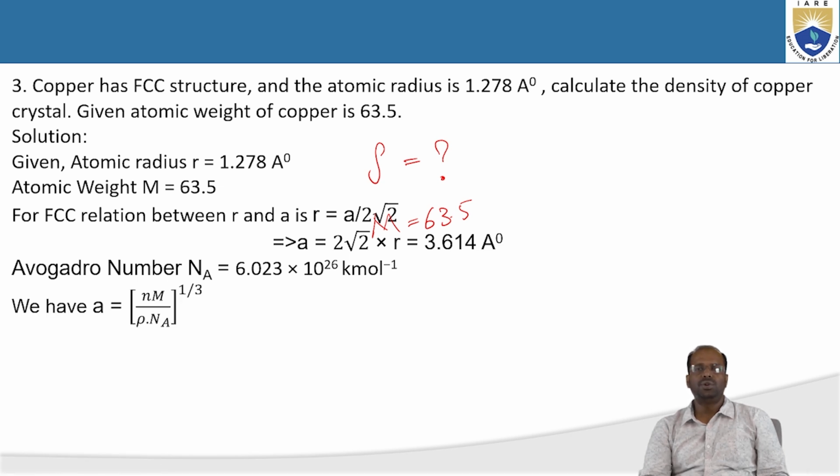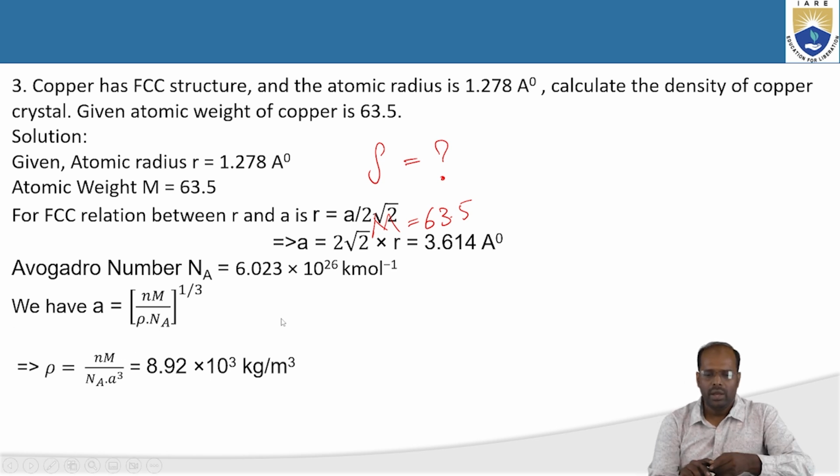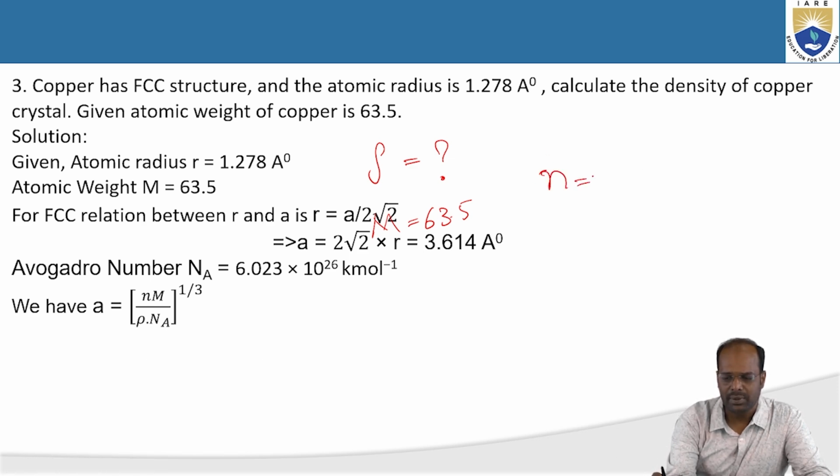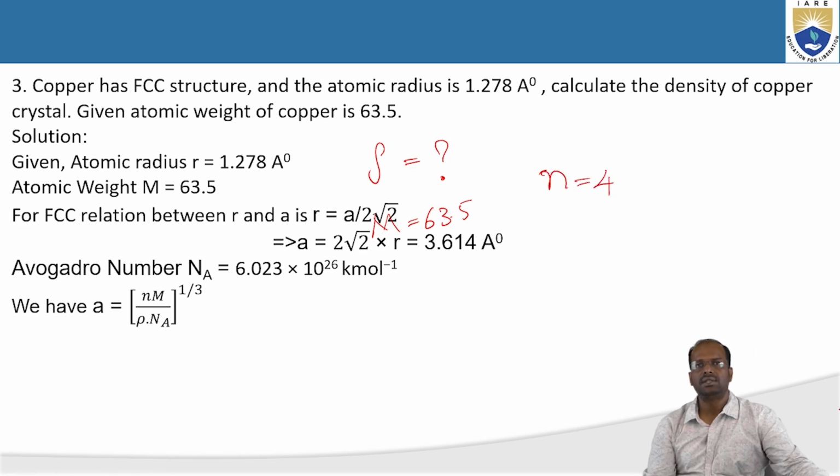So we are substituting into the density formula, rho is equal to N into M by Na into A cube. We already know for face centered cubic structure, what is the N value? N is equal to 4. What does N equal to 4 represent? It is the number of atoms per unit cell in a face centered cubic structure.